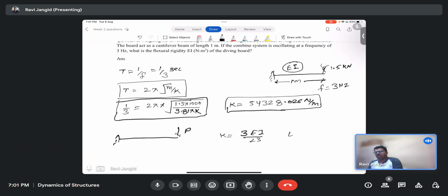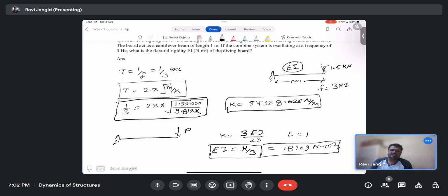As L is 1, my EI would be K by 3. So it would be 18109 Newton meter square. Is there any doubt?